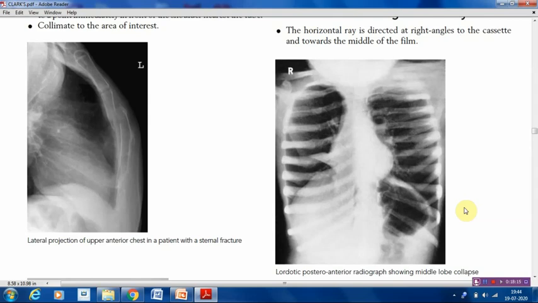Then comes the central ray, where it should be passed. Then next come the technical factors: how much kVp, how much mAs, and what is the FFD, film focal distance, or SSD, SID, source to image receptor distance.